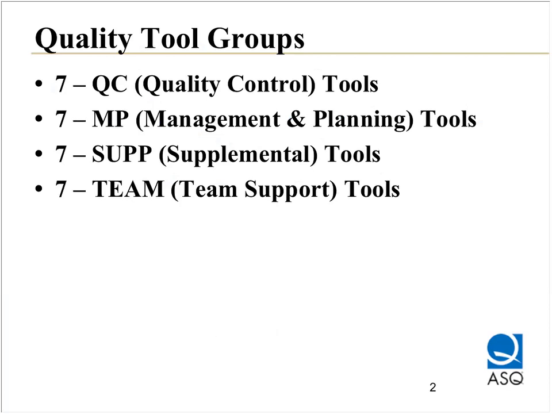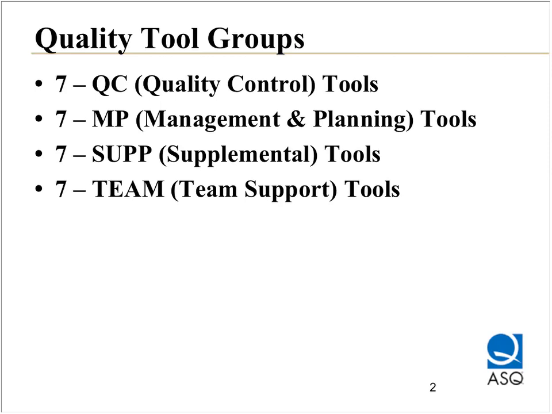We're going to be talking about 4 quality tool groups. The one that we're doing today is on the 7QC, or quality control tools. This will be followed in short order with discussions about the 7 management and planning tools, also known as the 7MP tools. We'll have a series on the 7 supplemental tools and, of course, the 7 team support tools.